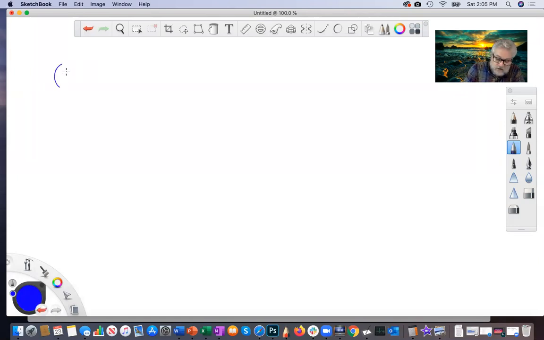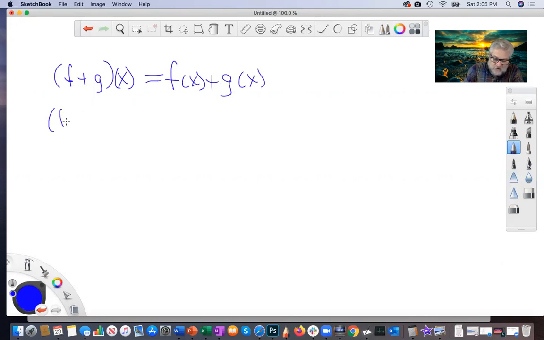If I write f plus g of x, what that means is f of x plus g of x. If I write f minus g of x, that's going to be, as you surmise, f of x minus g of x.